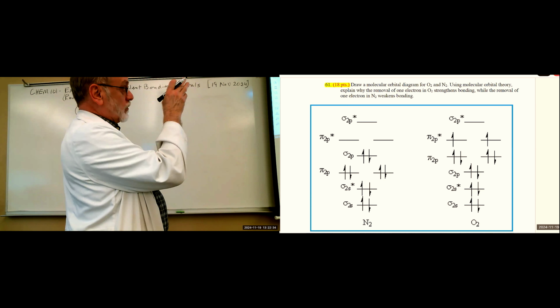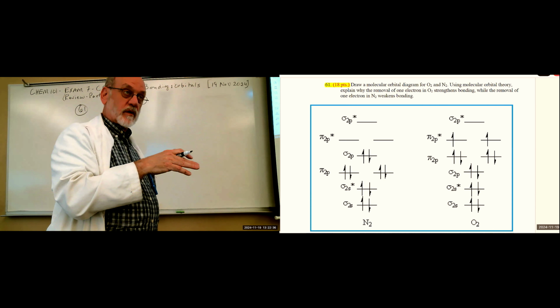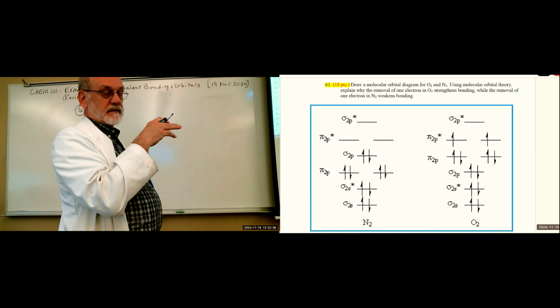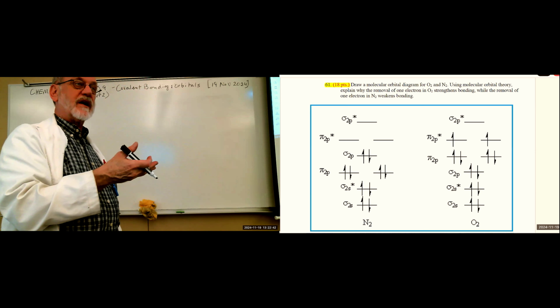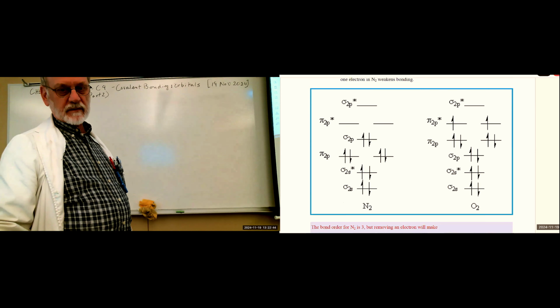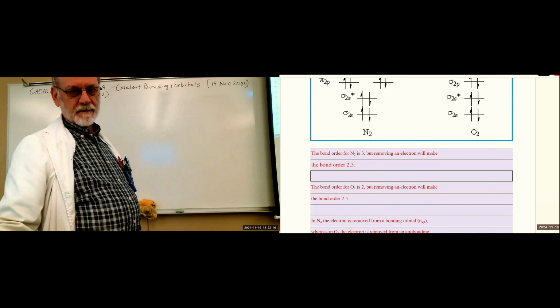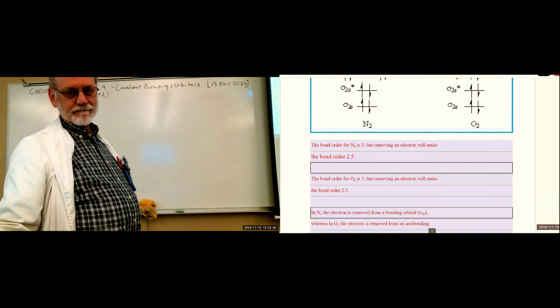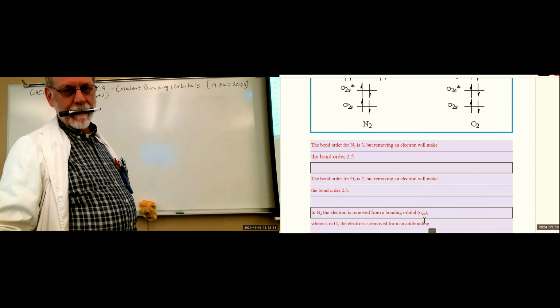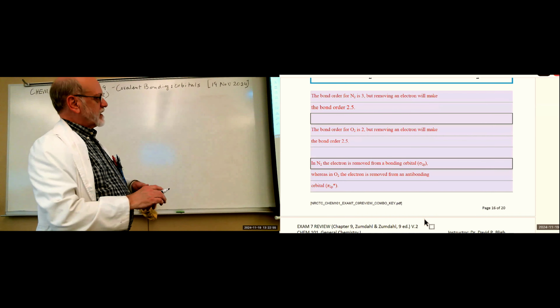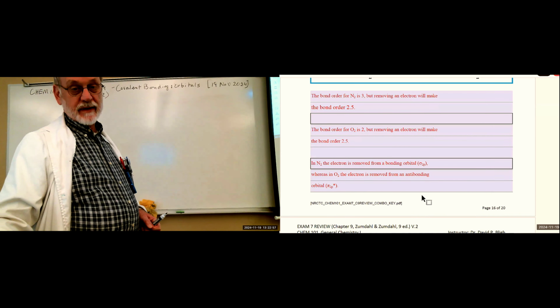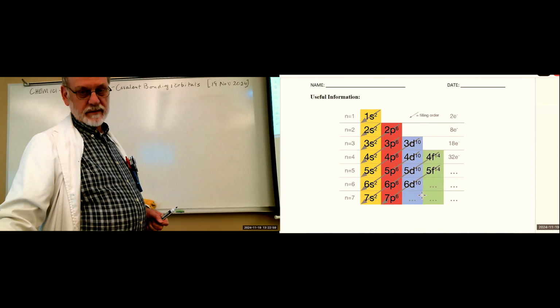And for nitrogen, if you remove one, you're removing it from a bonding orbital, and that decreases the bond order by reducing the positive side. And calculating the value might help also. Explain your point.